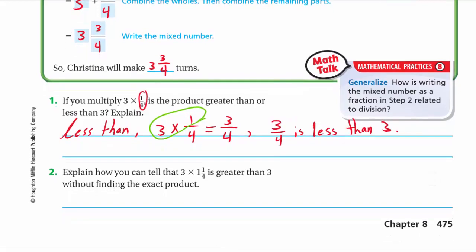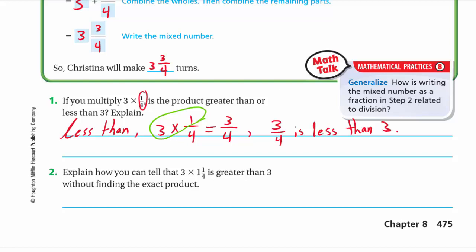Now he asks, explain how you can tell that 3 multiply 1 and 1/4 is greater than 3 without finding the exact product. Okay, in multiplication table, if we have, for example, table 3, 3 multiply 1, 3, 3 multiply 2, 6, 3 multiply 3, 9, and so on. So if we increase the number that we multiply by, we are getting a bigger product.